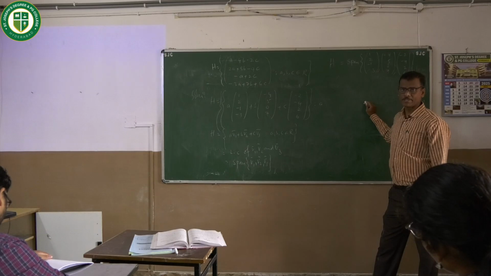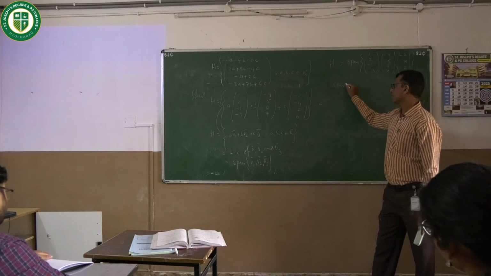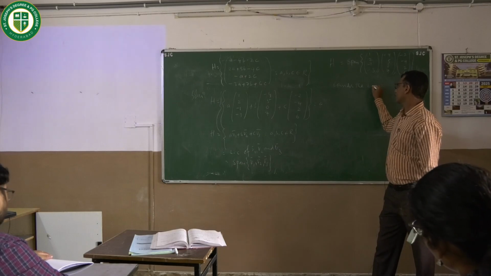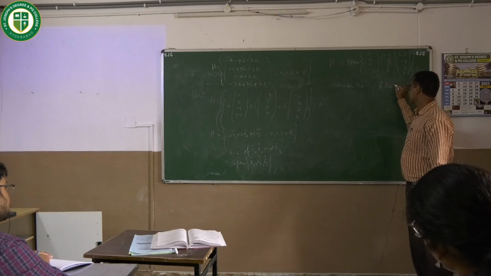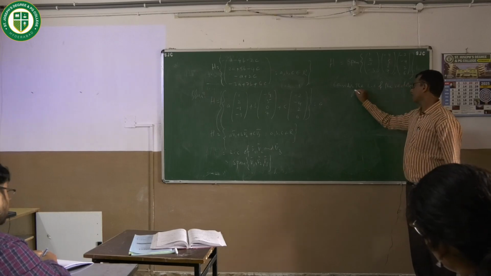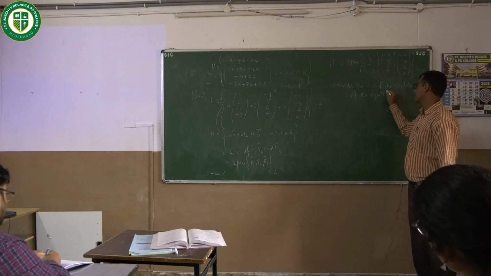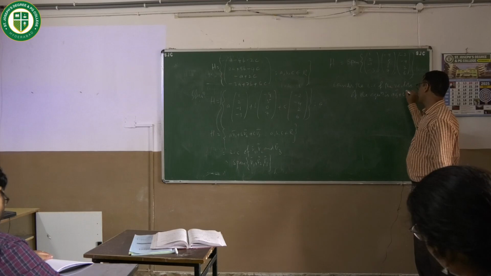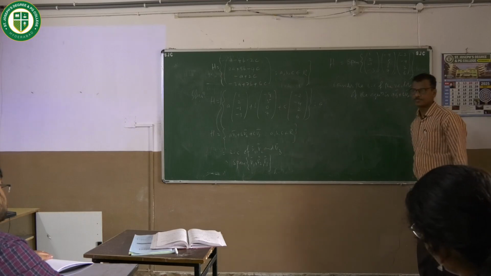Now consider the equation: the linear combination of the vectors, A into V1 bar plus B into V2 bar plus C into V3 bar is equal to 0 bar.